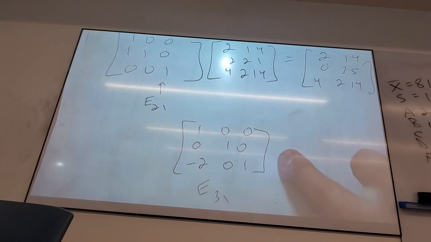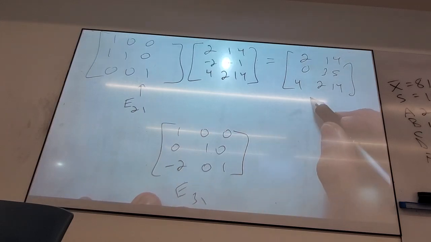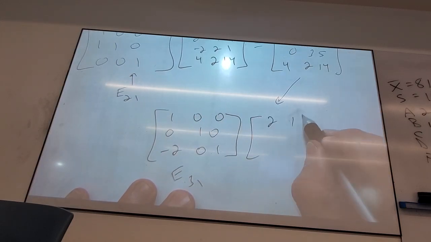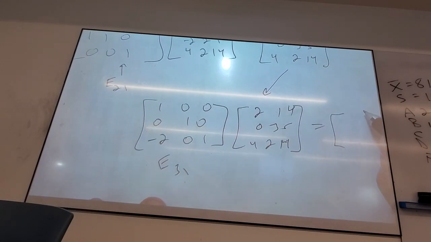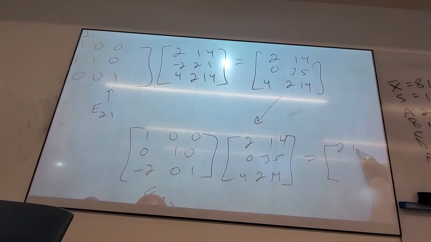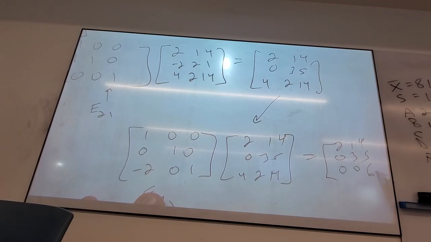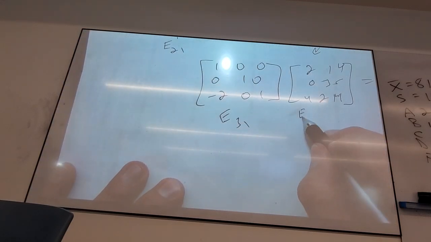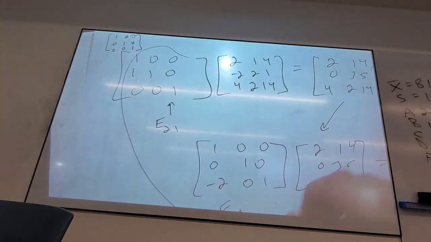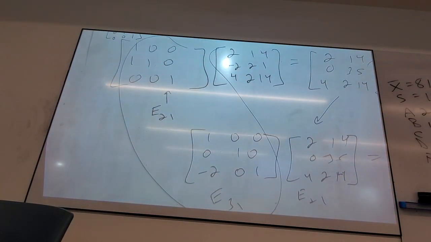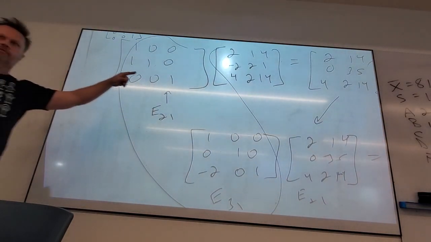So if I attack this with that, I will get back to the result from earlier: 2 1 4, 0 3 5, 0 0 6. Now, real quick, if I multiply these two together, I will get one matrix that does both things.